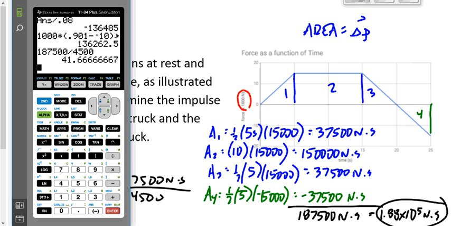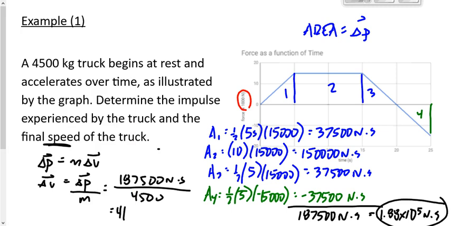It gives me 41.7. Now, technically, know that I've just found the change in velocity, not the final. But what was the initial? 0. Okay, so if the initial is 0 and the change is 41.7, then what's the final going to be? 41.7. So I've just found the final velocity, right?